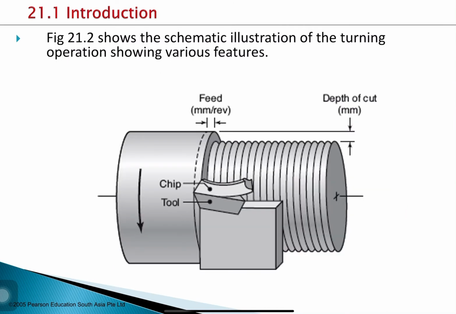Okay, so this is a schematic illustration of a turning process. The chip is the material that is removed layer by layer from this material removing process or machining process, and the cutting tool is of a sort of cubic shape.